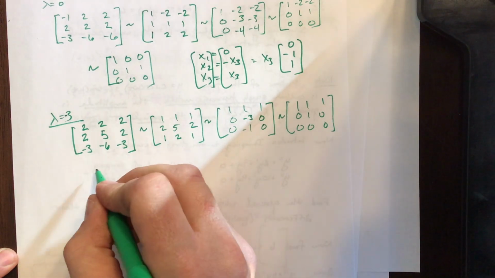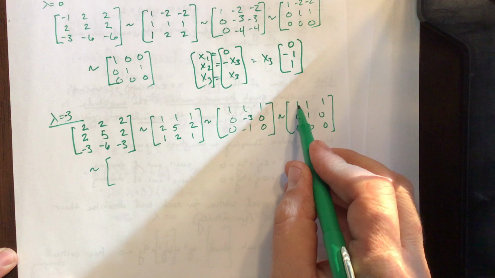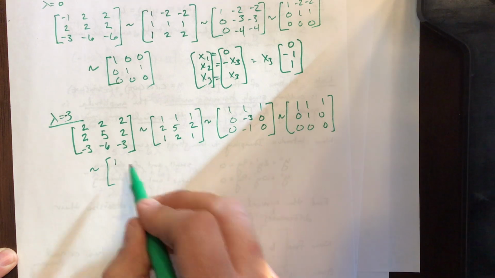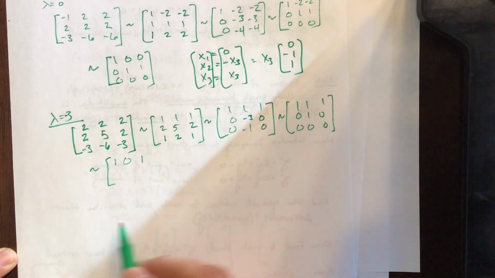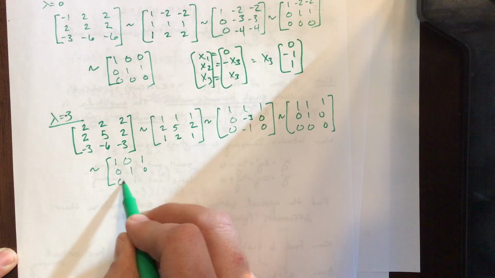So, one more step. 1 minus 0 is 1. 1 minus 1 is 0. 1 minus 0 is 1. 0, 1, 0, 0, 0, 0.